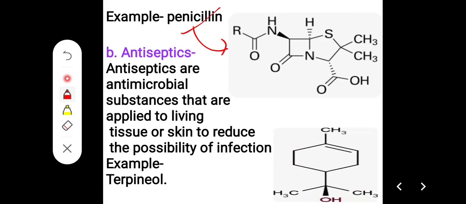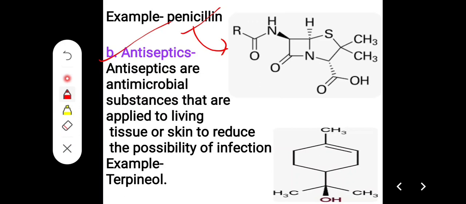Okay, next we have to consider antiseptics. Antiseptics are antimicrobial substances that are applied to living tissue or skin to reduce the possibility of infection. Suppose any harmful thing falls on our skin and we have pain or a problematic situation, so we have to use an antiseptic, an antimicrobial substance applied to living tissue, because our skin also has living cells, to reduce the possibility of infection.